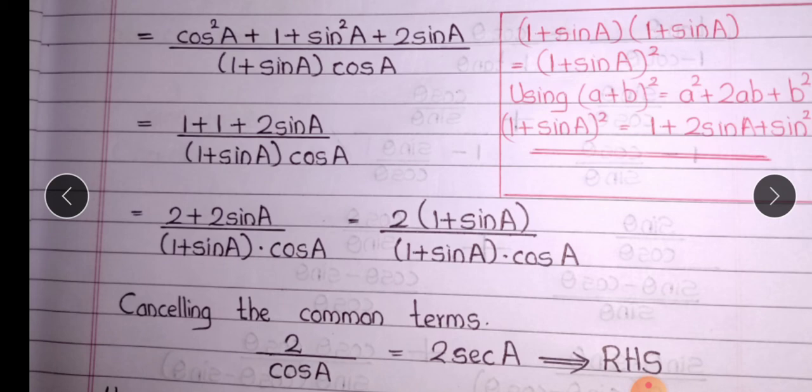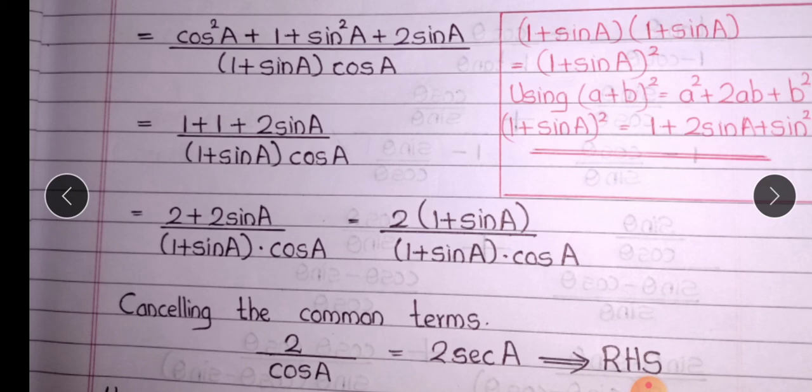Can you see 2 common? So, I have taken 2 outside. 2 into (1 plus sin A). That is, 1 plus sin A and 1 plus sin A get cancelled. So, what is remaining? 2 by cos A. What is 2 by cos A?